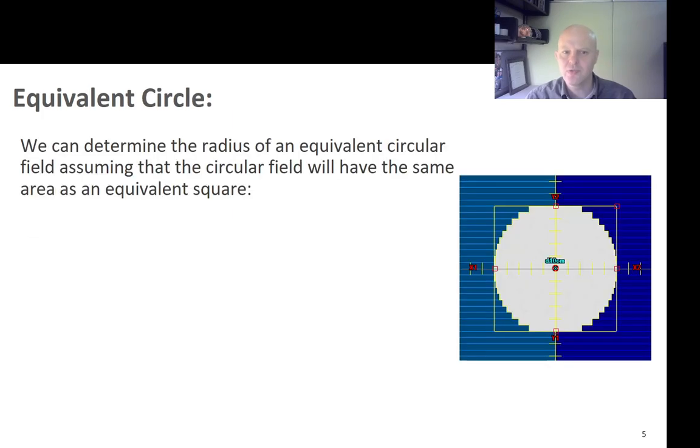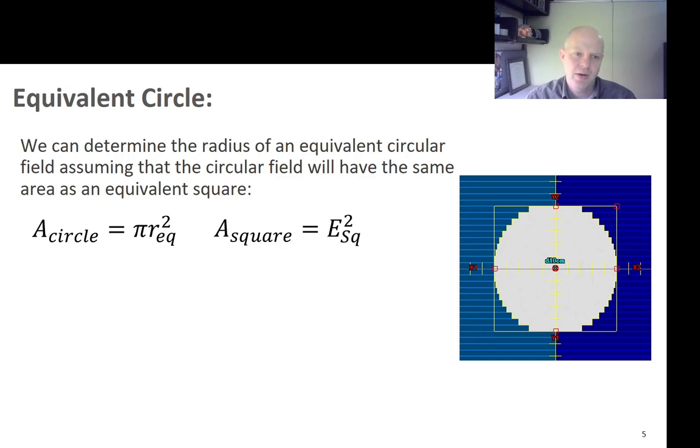What about circular fields? We can determine the radius of an equivalent circular field, assuming that the circular field will have the same area as an equivalent square. So what does this look like? Well, we have the area of a circle and the area of a square. We can put those equal to each other, where here E sub SQ is the equivalent square field, and R sub EQ is the radius of the equivalent circular field.